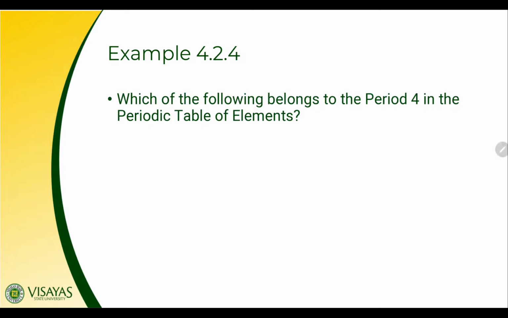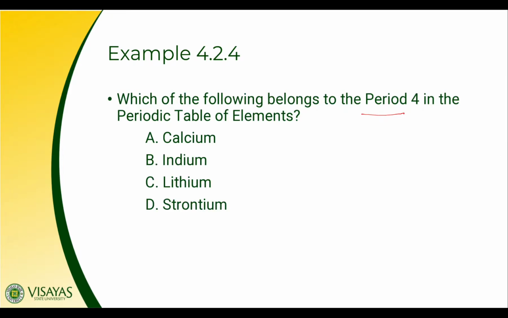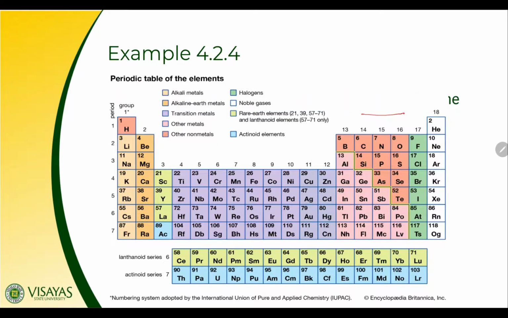Another example. Which of the following belongs to period 4 in the periodic table of elements? Again, period is the row, horizontal, from left to right. Is it calcium, indium, lithium, or strontium? Let's look at these. The question is, which of these elements belong to the 4th period?